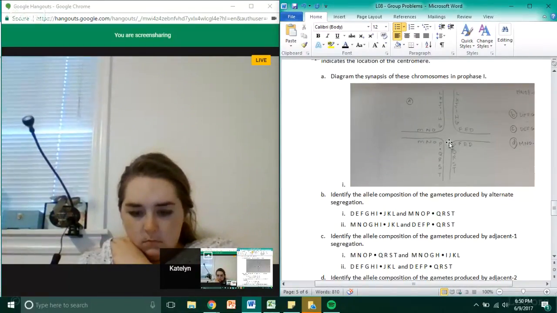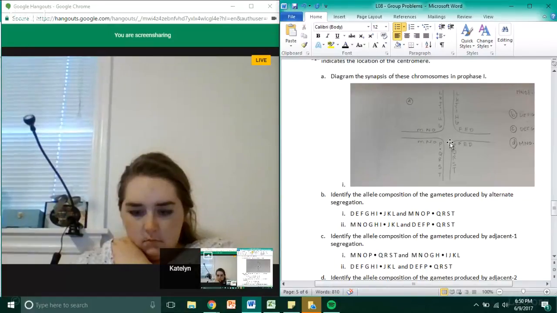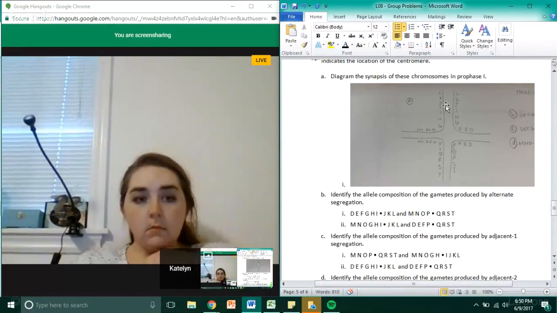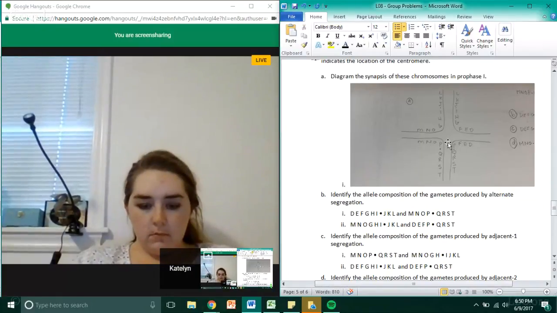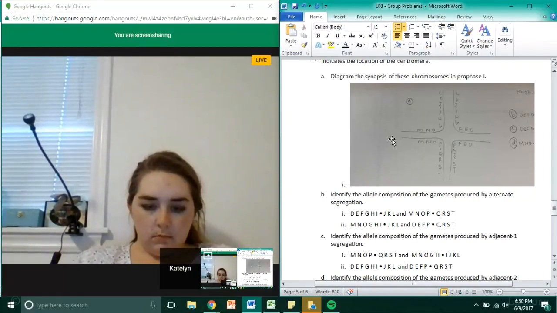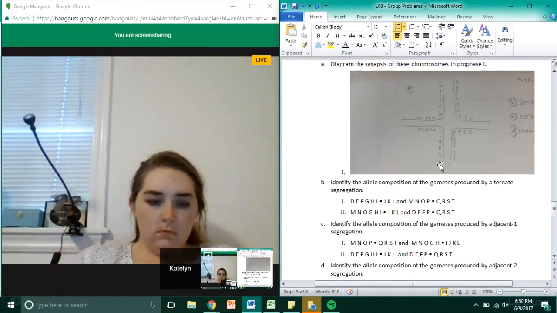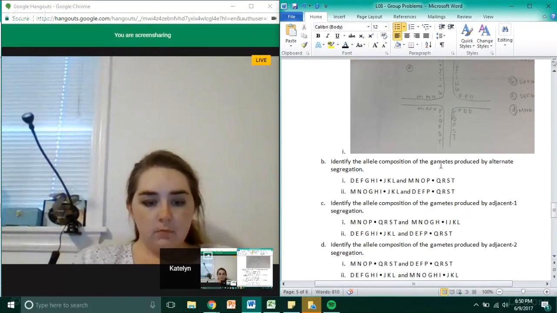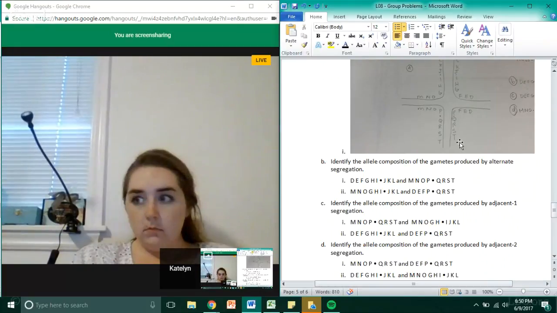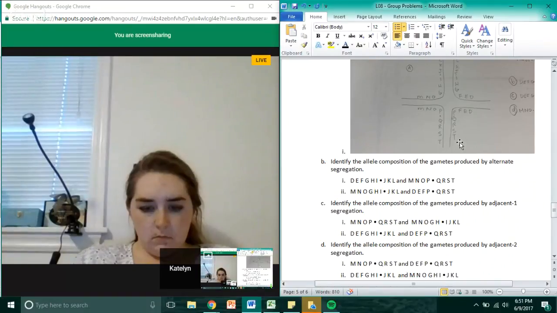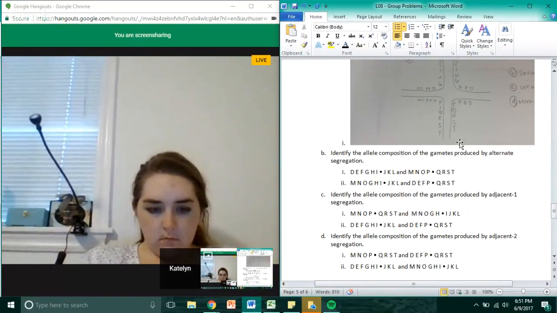And then for adjacent 1, we split it down the middle this way, so 1 cell would have these chromosomes and 1 cell would have these chromosomes. And then for adjacent 2, we split it horizontally this way, so 1 cell had these chromosomes and the other cell had these chromosomes. Because when it separates, those are the 3 ways that it can separate in anaphase.